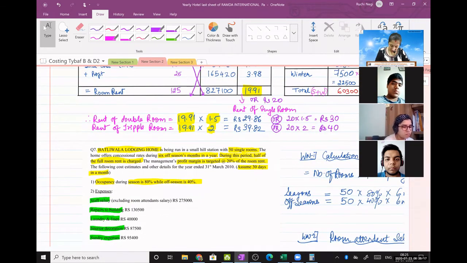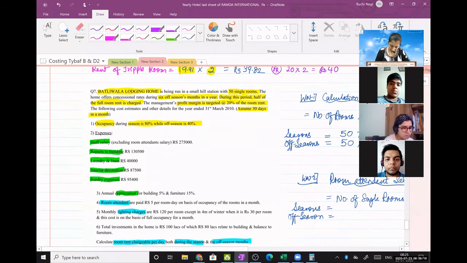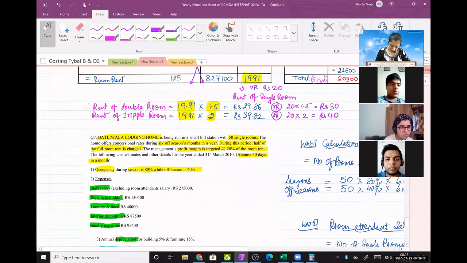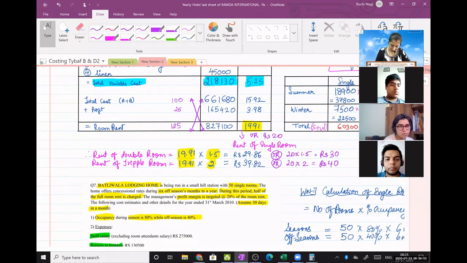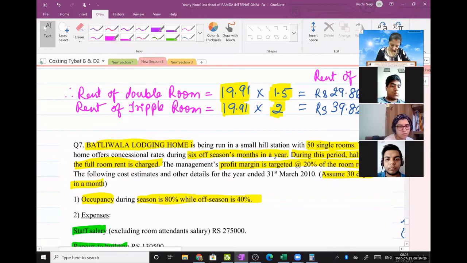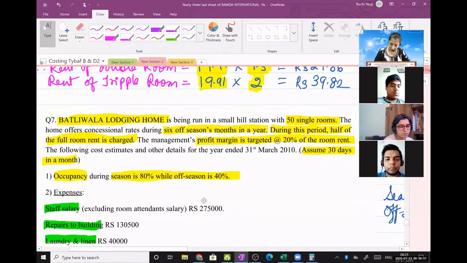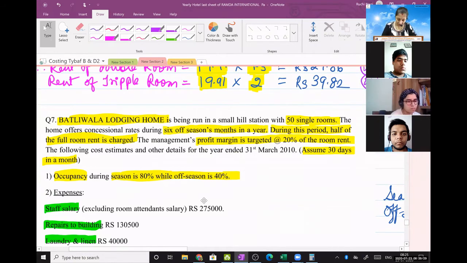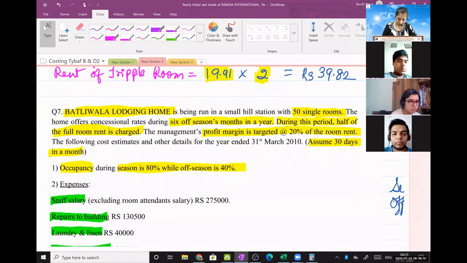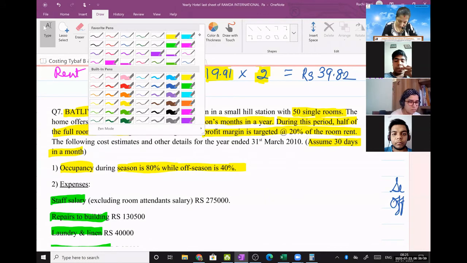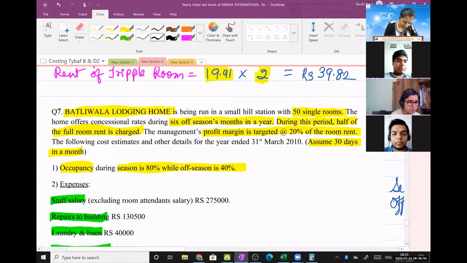There was a similar sum asked, which was an option to this question. So look at this question. Actually, this should be question number 8. I'll change the question number and make it 8.